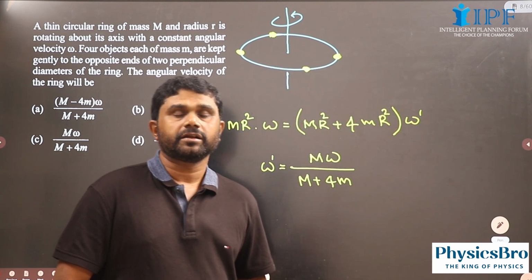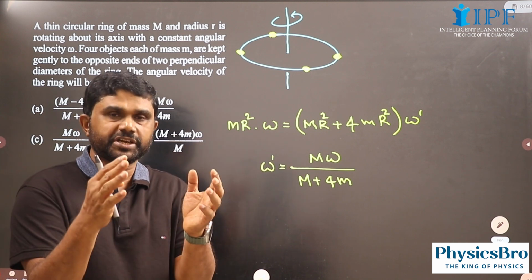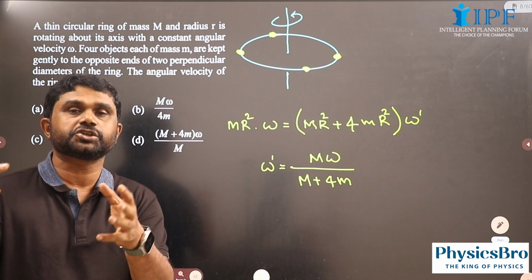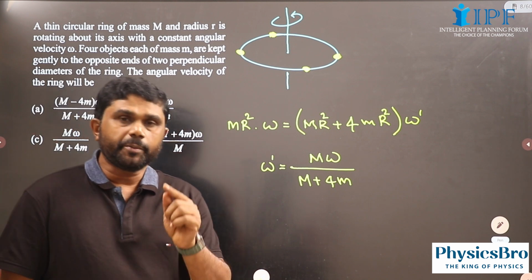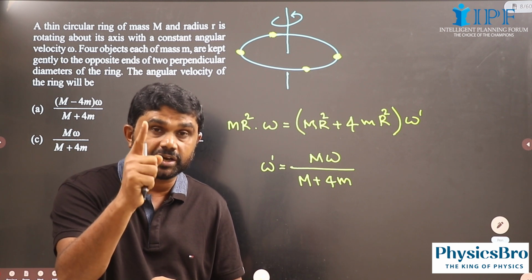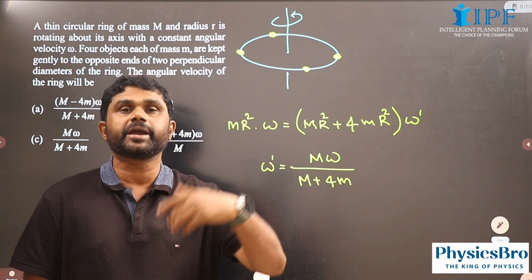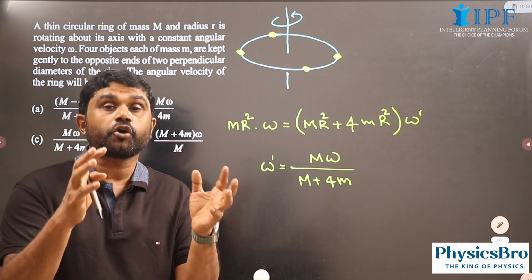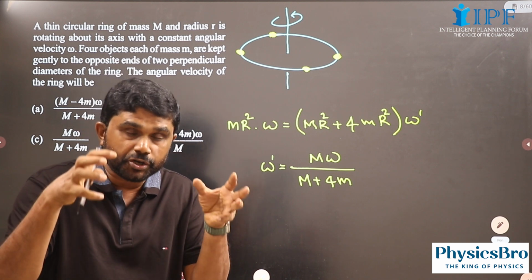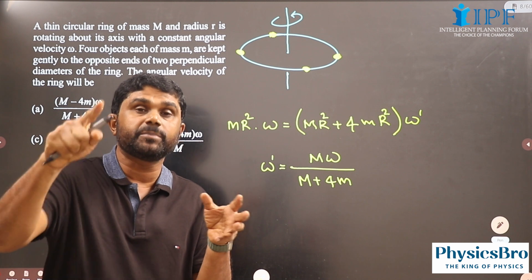Finally, there are 4 point objects kept on the ring. So the moment of inertia will be the moment of inertia of the ring plus the moments of inertia of these point objects. See, the moment of inertia of a point object is mass into square of its perpendicular distance from the axis. So the moment of inertia of each point object will be m r square. Such 4 objects are there. So total moment of inertia of these 4 point objects will be 4 m r square. And the moment of inertia of the ring will be capital M into r square.